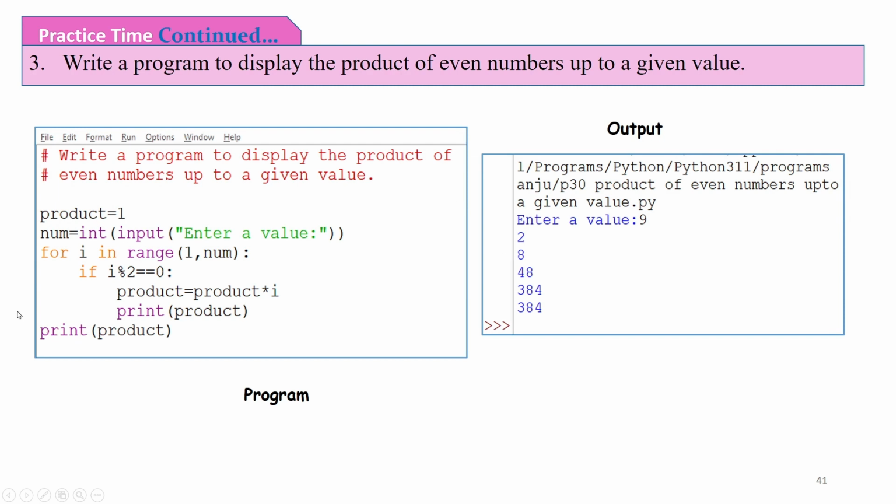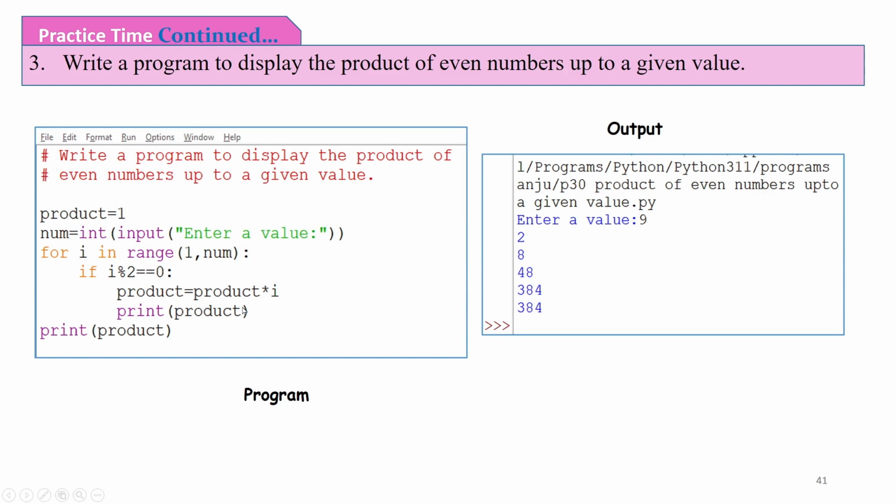Now it again reaches the for loop, where i became 3. 3 divided by 2 doesn't give 0, so this will be skipped. Then it will again go to i. Now the value became 4. Now 4 divided by 2 will give you 0, so the product is multiplied by i. That means now 2 multiplied by 4 will give you 8.